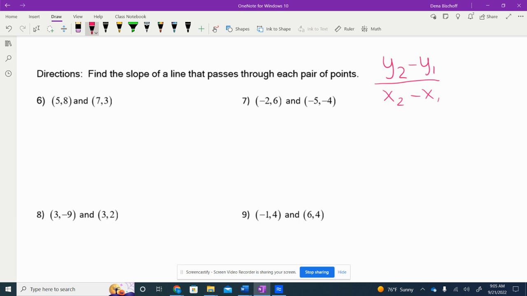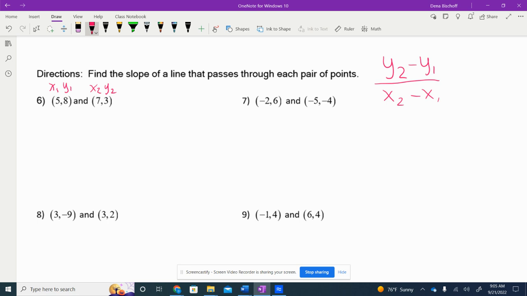It may be helpful when you first start doing this to label the x and the y in your ordered pairs. So this is going to be x1, y1, and this is x2, y2. Because x comes first in the ordered pair, and the 5, 8 is my first ordered pair, and then the 7, 3 is my second ordered pair.